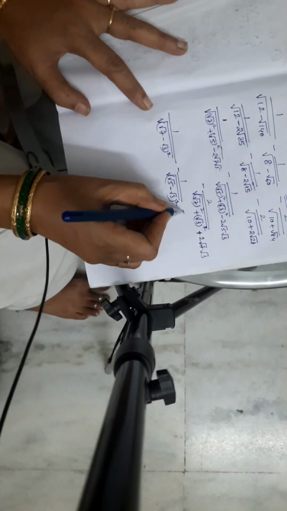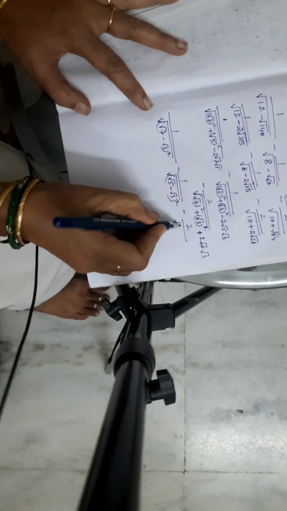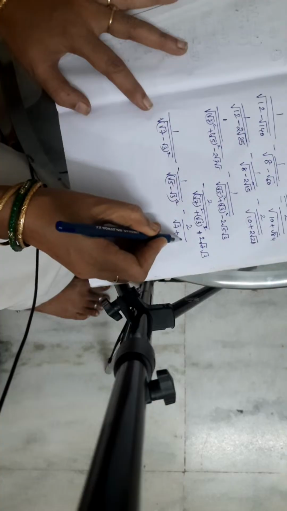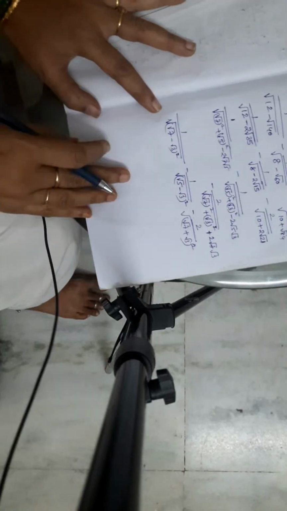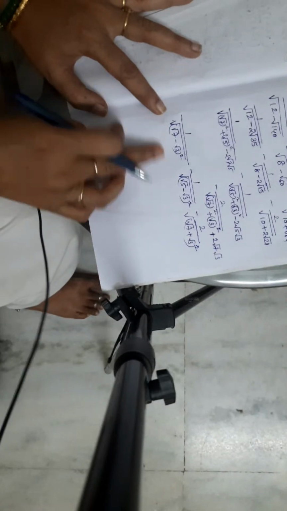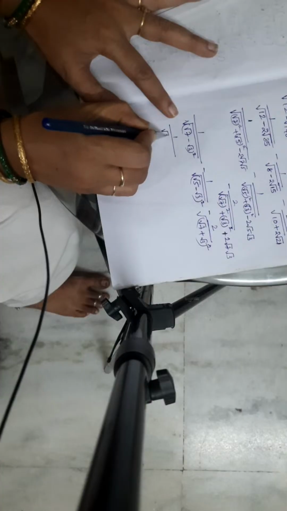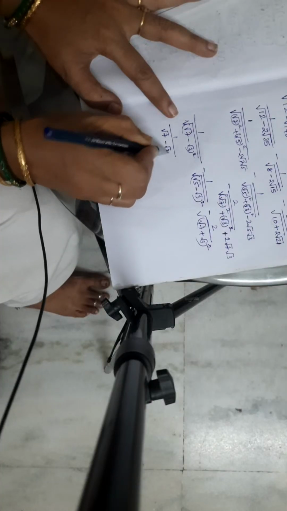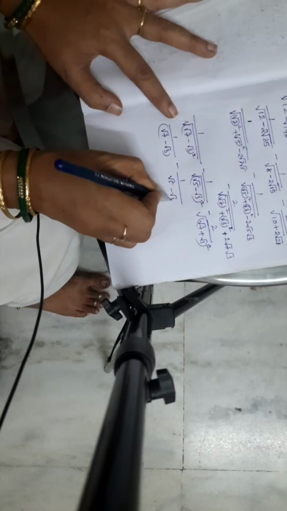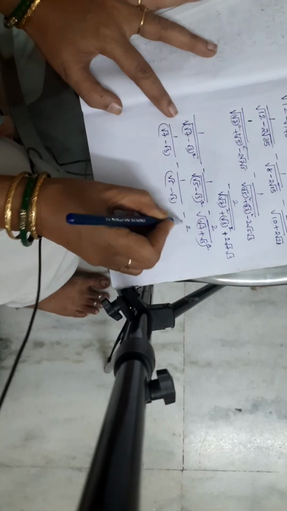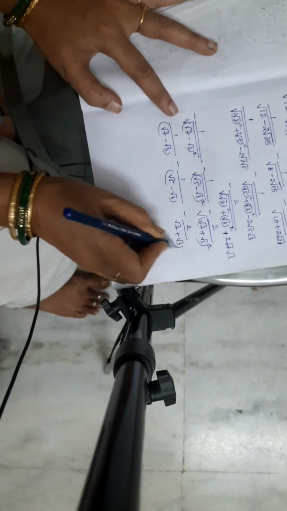Now the last one, here plus is there, so we are going to have plus in between the terms. So this is the final step. Now root and square will get removed. So we are left with 1 upon root 7 minus root 3, 1 upon root 5 minus root 3, and finally 2 upon root 7 plus root 3.